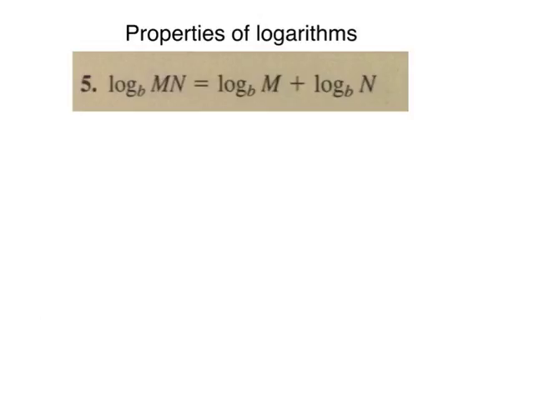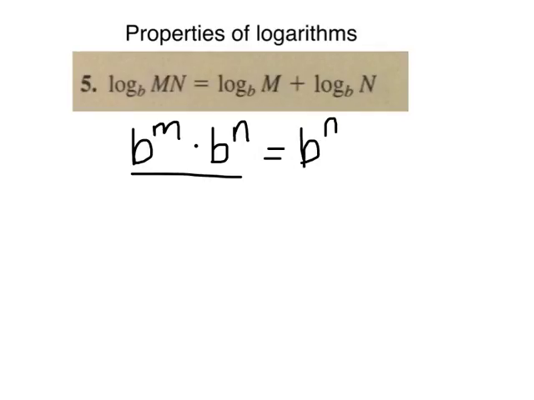So let's think about if I had b to the m power times b to the n power. This is what this logarithm is saying, m times n, the powers. You can combine that together by adding the powers. So you just add the powers.